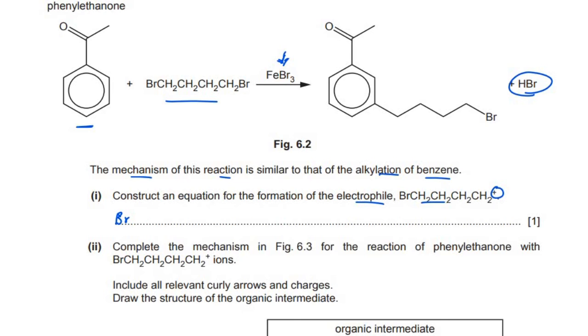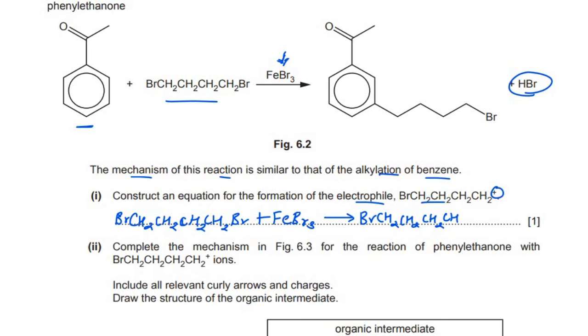So the reagent, that is 1,2-dibromobutane, we are writing here with the catalyst, that is FeBr3. Now that is going to form the electrophile, which is shown here in the question.